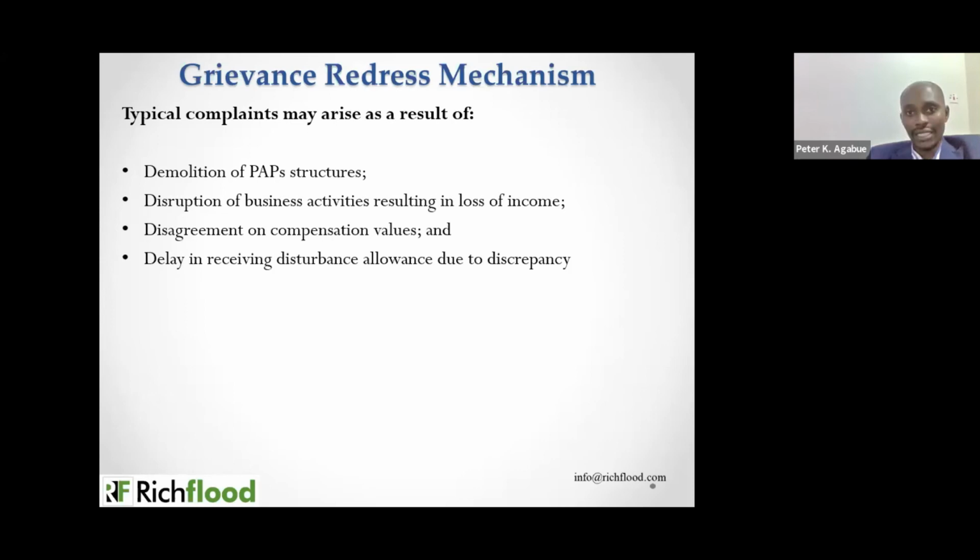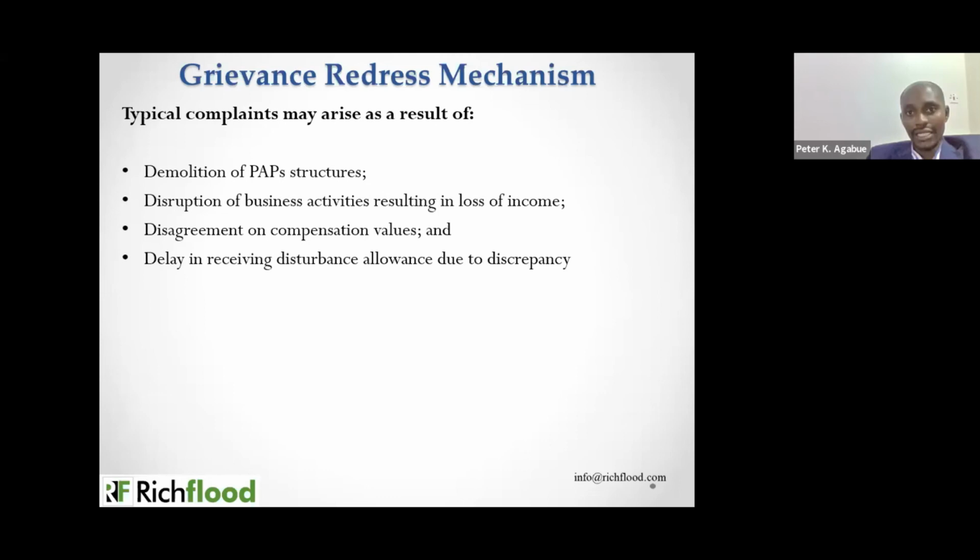The consultation process during execution of the project may generate, for instance, environmental and social concerns as a result of the relocation of project affected persons. And all this can be achieved through consultation. And this will create some grievances and that must be addressed.